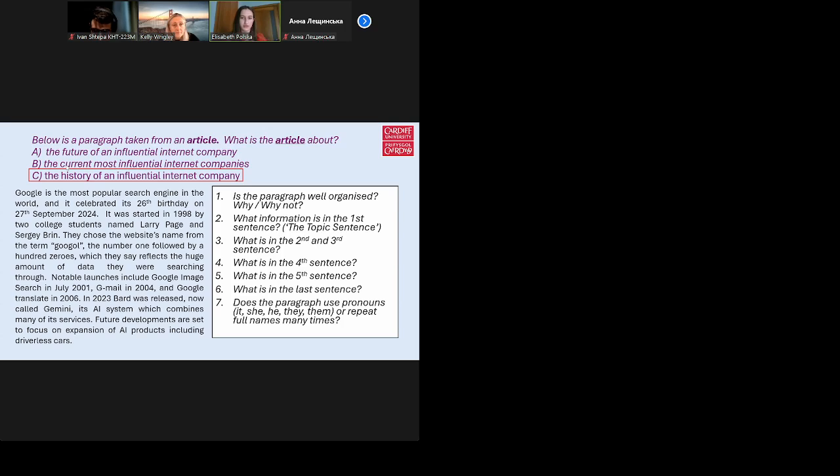You should have 3 paragraphs: about the past, about what they're doing now, and about the future. It's more logical and simpler to understand.